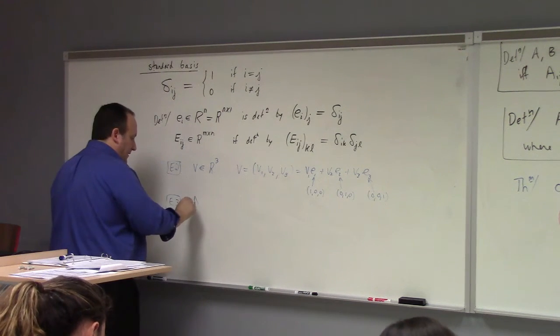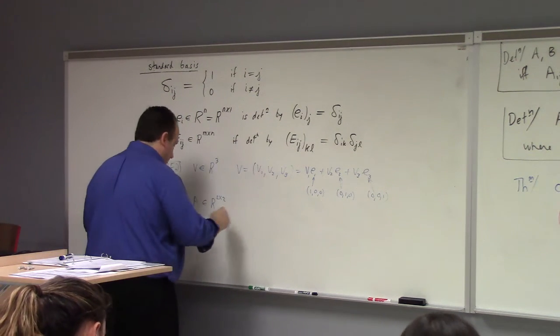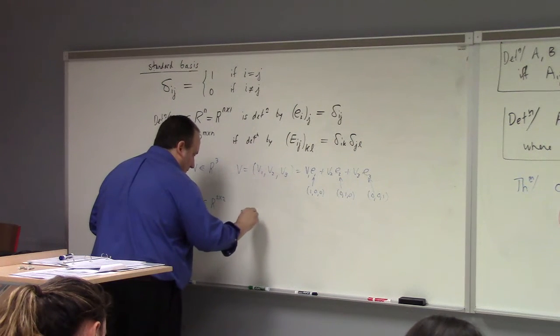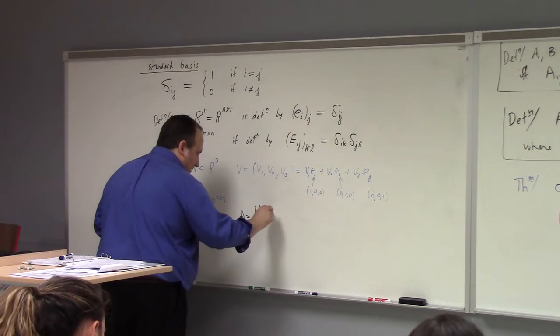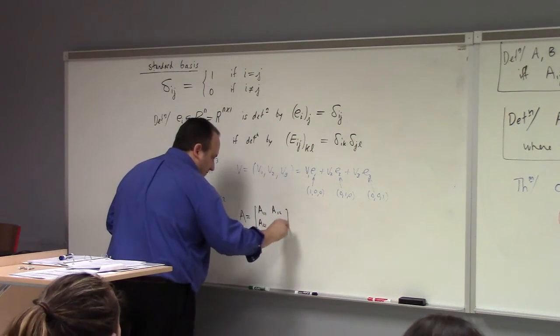If we had A in R^(2 by 2), right, then A would look like a11, a12, a21, a22, right?